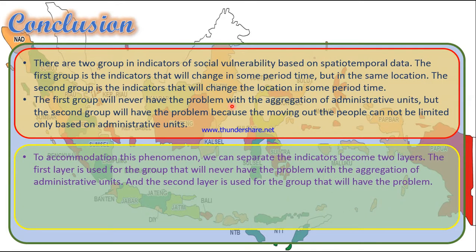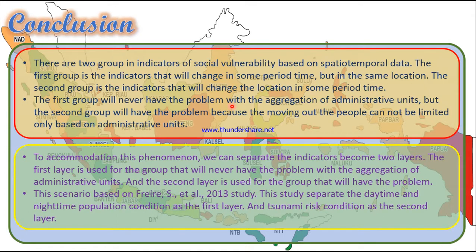To accommodate this phenomenon, we can split the indicator into two layers. The first layer is used for the group that will never have the problem with the aggregation of administrative units. And the second layer is used for the group that will have the problem. This scenario is based on Freire et al. in 2013.